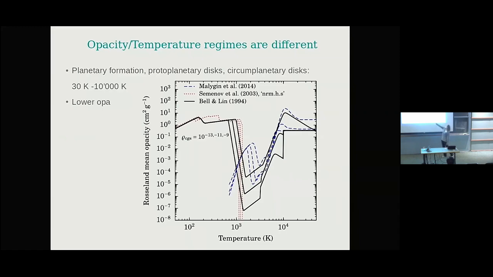Below 1500 K, we have dust, and that's the main source of opacity for us. What is the composition of this dust, how much silicates and carbon and water ice we have, this is something we disagree on among the different people in the field. But the gas opacities we do agree on. It's hydrogen, helium, solar composition.